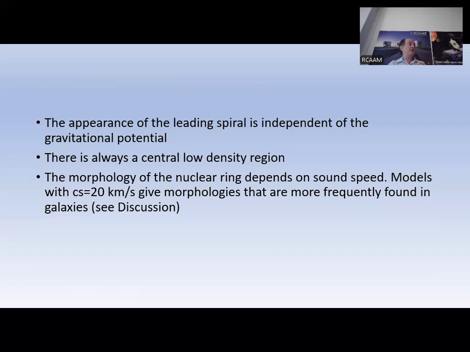That means that at least the gravitational potential by itself does not determine if the leading spiral will appear or not. And also from this series of models, and as you will see later, I underline the presence of the low density region at the very center of the model. Okay, we will discuss the similarities with real galaxies at the end of the talk.